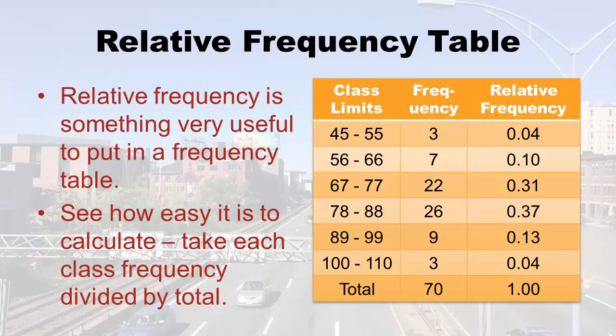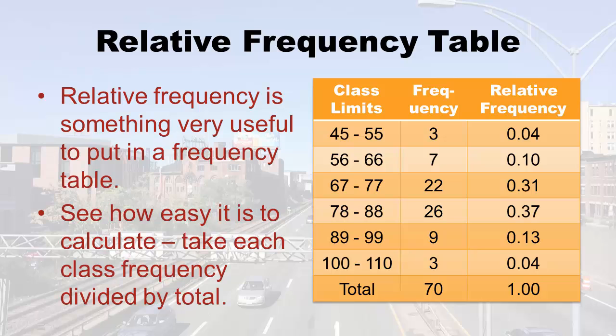So relative frequency is something very useful to put in a frequency table. So you'll see that I kind of crammed it in onto the right side. This is the old frequency table I just showed you with glucose, but I crammed in this relative frequency next to it. So it's super easy to calculate. Like for example, for the first one, 45 to 55, the frequency is 3. What did I do?